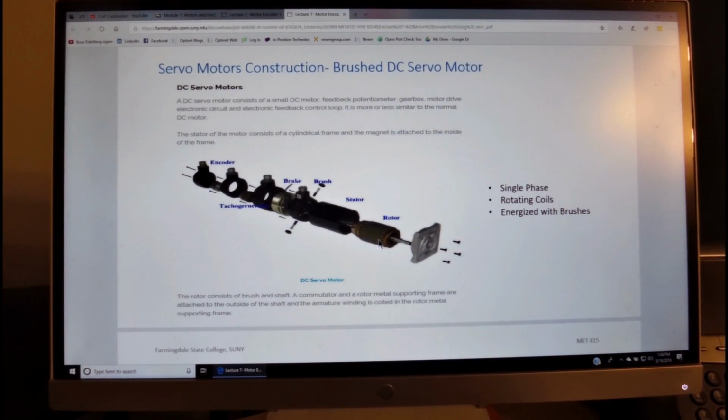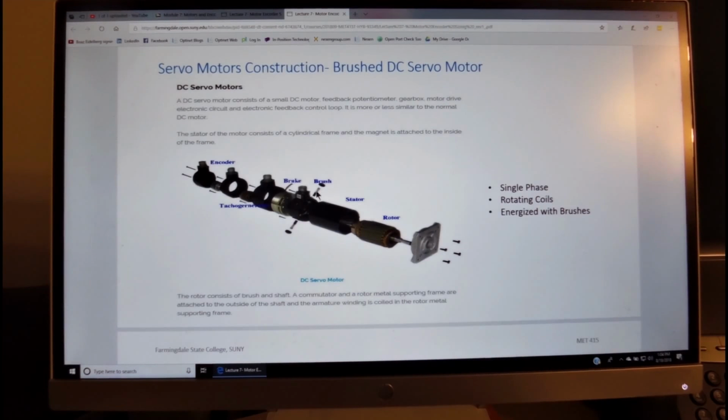Then the rotor is mounted inside the stator along its shaft. This is the shaft, and it has a ball bearing on each one of its sides, and it has a commutating ring over here where the brushes come into contact. Over here we have the brush assembly where the plus and minus brushes are being mounted to.